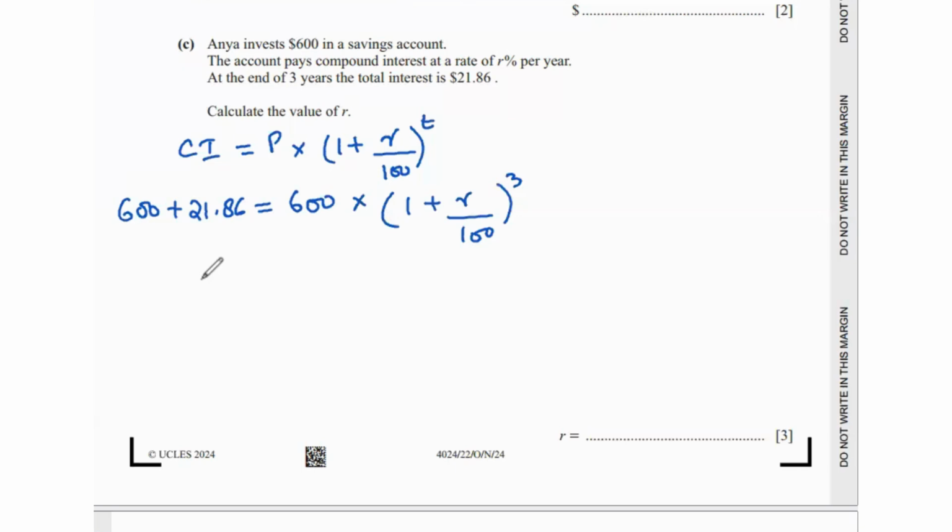It doesn't give us the interest value, whereas a simple interest formula gives us the interest value, and then we have to add that interest to the initial amount to get the final value. So this would be 621.86 equals 600 times 1 plus R over 100 to the power of 3.